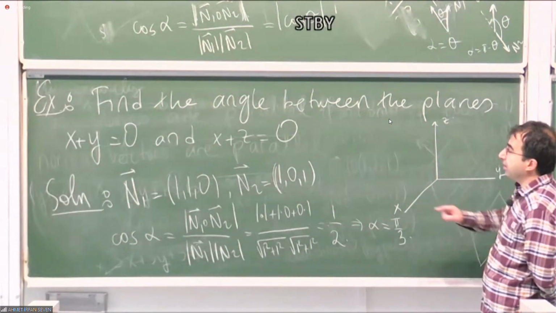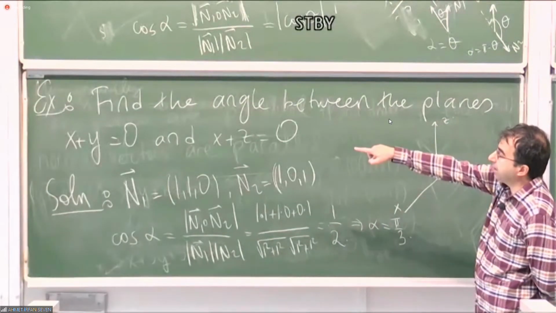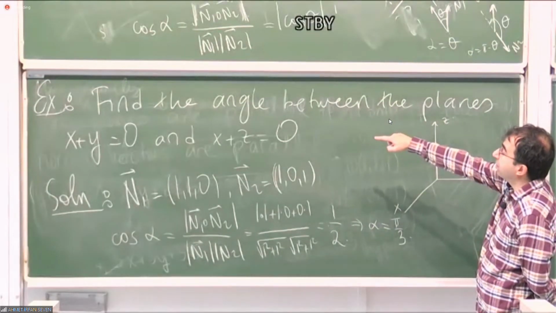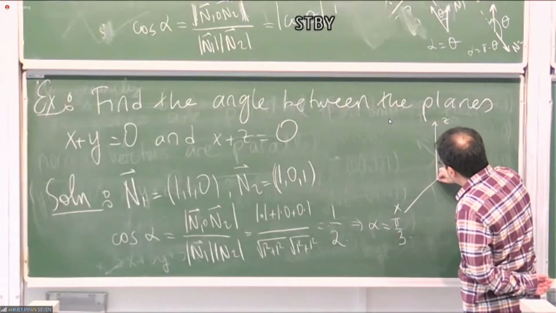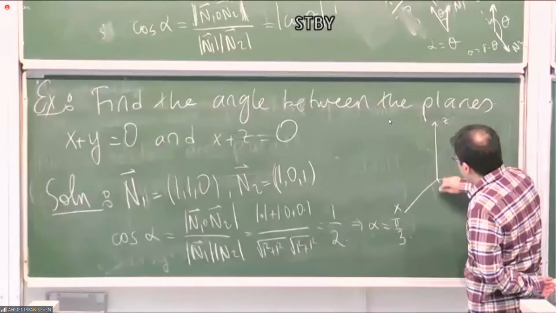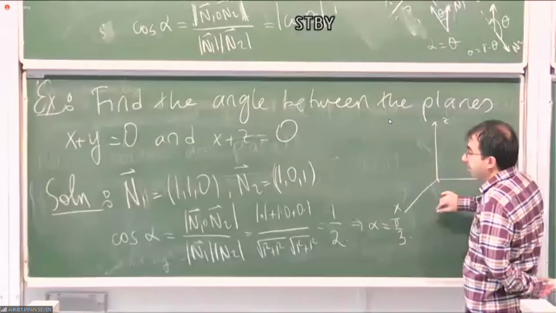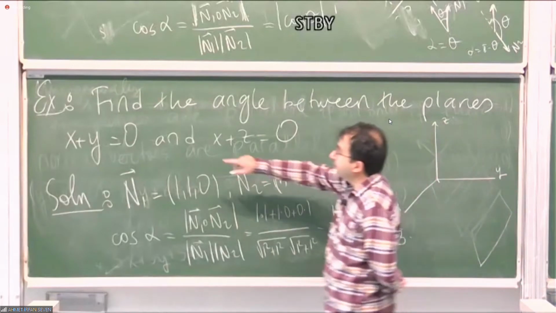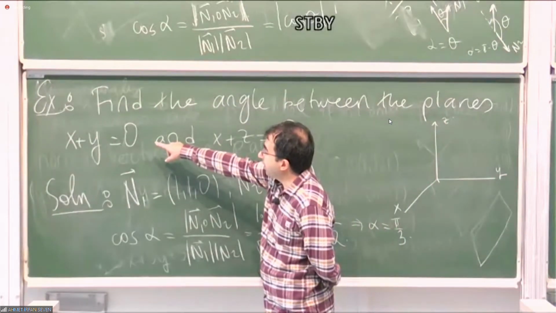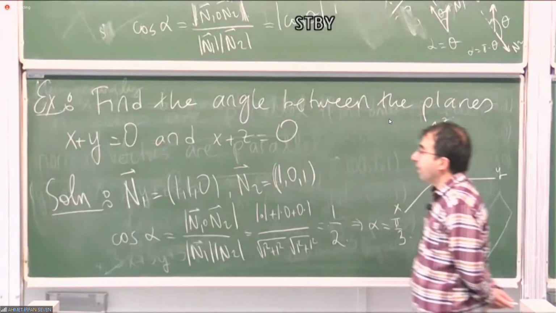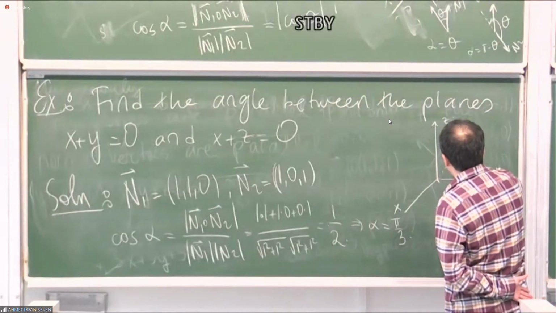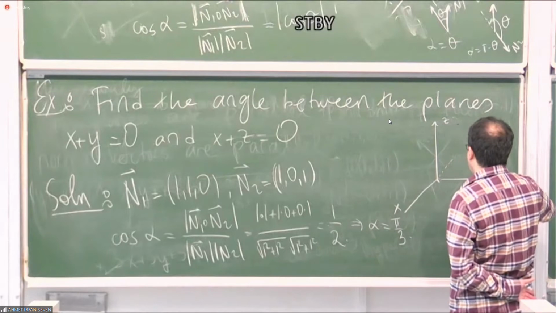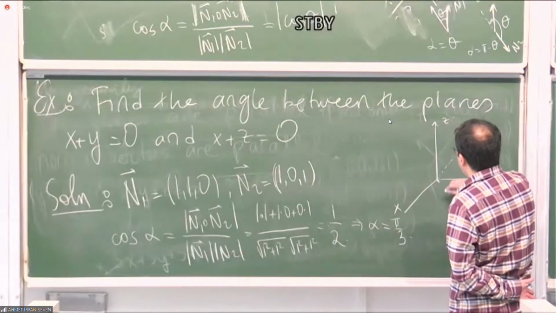So how does the plane X plus Y equals 0 intersect with the XY plane? Well, the equation of the XY plane is Z equals 0. And so it will intersect with this XY plane along the line X plus Y equals 0. So this is Y equals minus X. So you see, Y equals minus X will be like that.